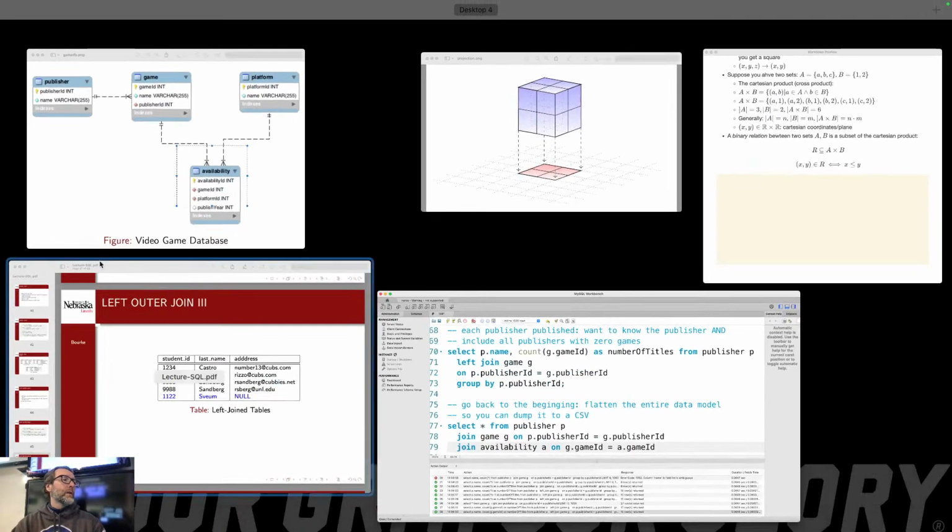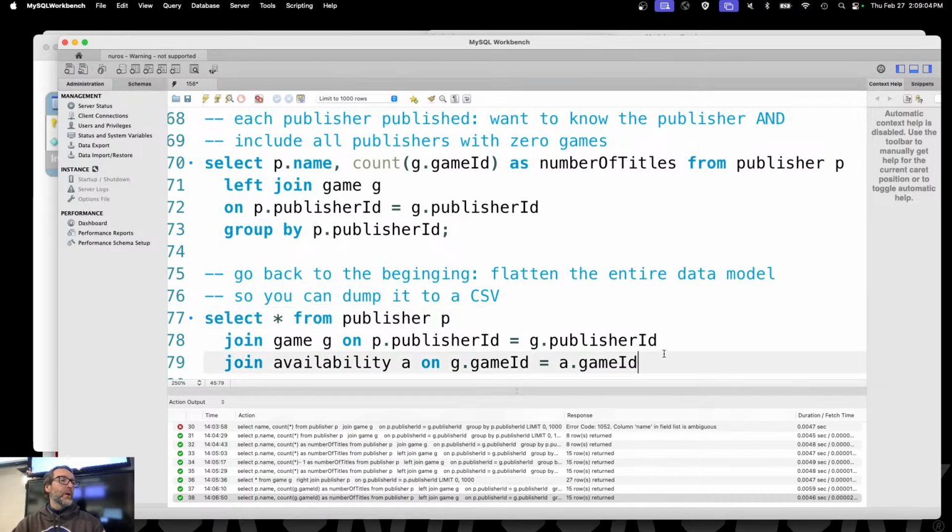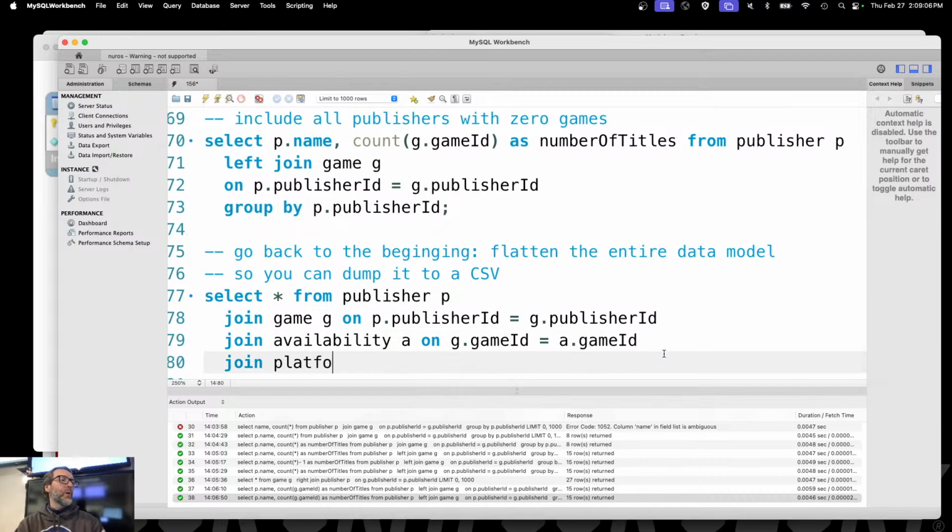We're going from the game table, game ID, to game ID over here. Now to go from the availability table to the platform table, we would join the platform ID onto the platform ID. Right? So join platform P on a.platform ID is equal to p.platform ID.